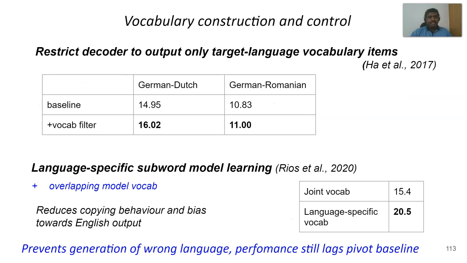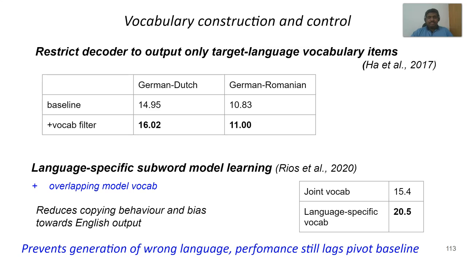Now, one obvious way to control this is to have methods which control the vocabulary construction. We know that these are the vocabulary items in the target language, so the decoder during inference restricts the output to only the target language vocabulary items, and this does improve performance over the baseline zero-shot translation system.